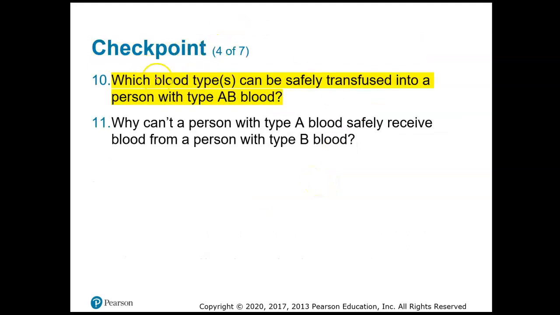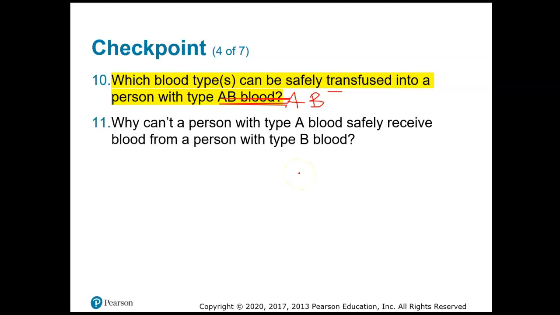The checkpoint question says, which blood types can be safely transfused into a person with type AB blood? Let's make this a little bit more complicated than that. Let's say type AB negative. So this person is type AB negative. What that means is their red blood cells have the A and B surface antigens, but they don't have the RH.